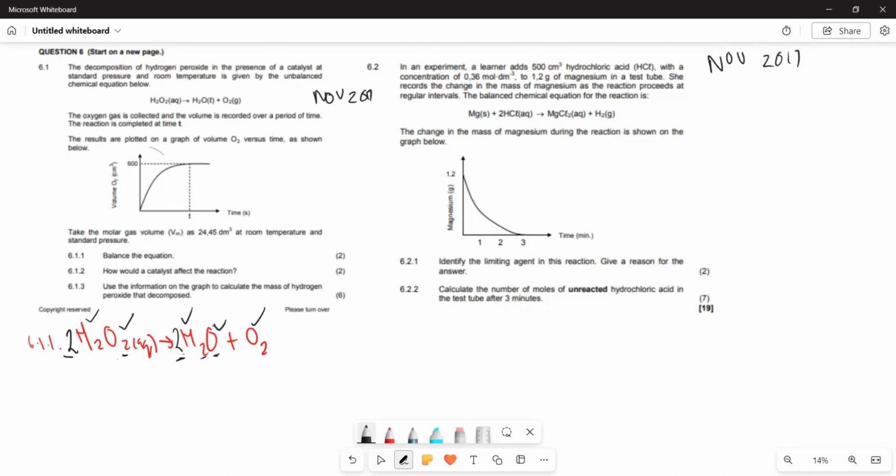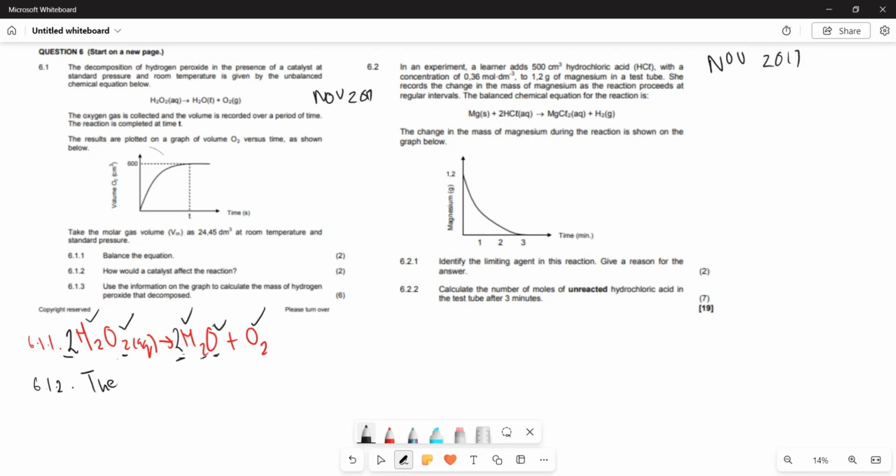Now, then let's look at the second one. What is it that we are going to do now? We are looking at 6.1.2. They say, how will the catalyst affect the reaction? I think by now we know the function of a catalyst. In this case, the catalyst will lower the activation energy of the reaction.